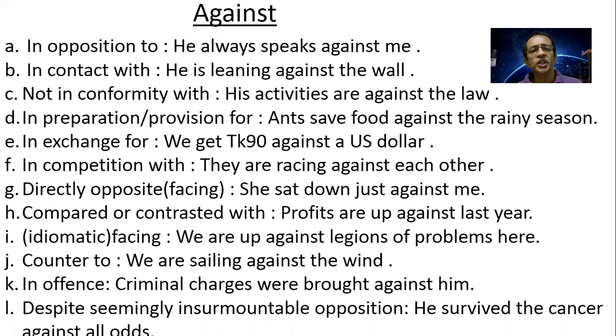Then not in conformity with. His activities are against the law. That means he does not comply with the rules and regulations, does not abide by the rules and regulations. So his activities are against the existing law.